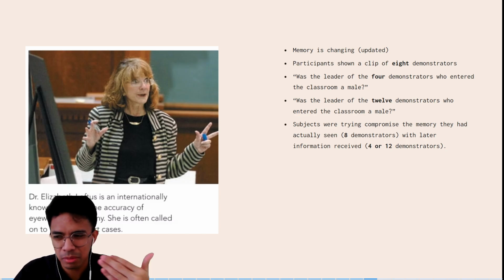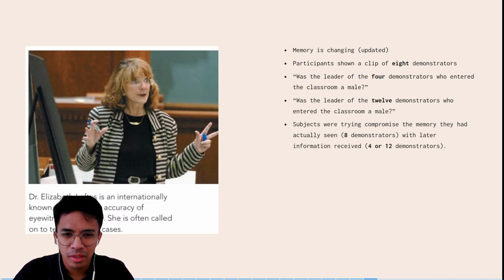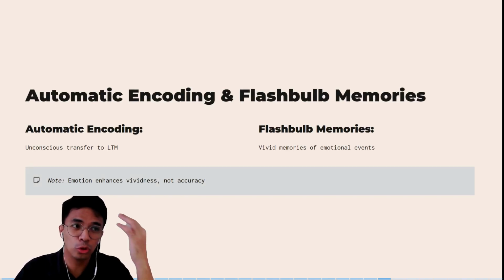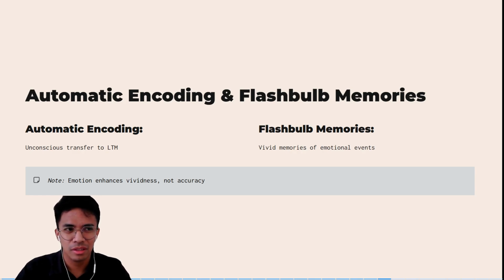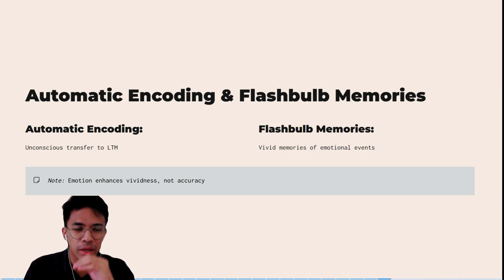So it's not really something malicious or outright lying, but the point is memories can change, no? Memories can also be encoded, or information can also be encoded automatically. Okay? So sometimes it suddenly transfers from your short-term memory to your long-term memory. Okay? That's what we call automatic encoding.